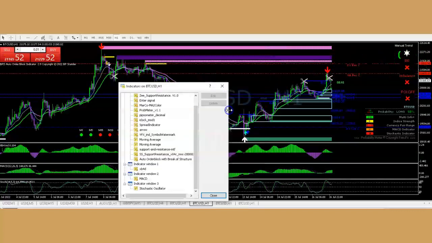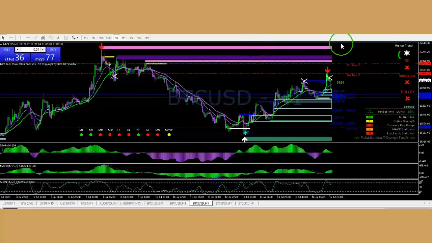The lines one is called the support resistance MTF multi-time frame. And then the solid purple support and resistance is this one right here. Okay, you can use either one. But you can see the multi-time frame resistance almost kind of correlates with the purple resistance indicator, right? Okay.